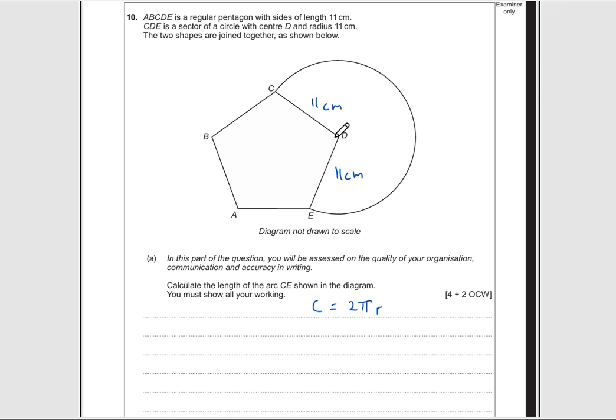If we then need to work out a fraction of it, we could do with really working out what this angle is. So the arc is going to be, if we call this angle theta, it's going to be theta divided by 360, so the fraction of the circle, times 2 pi r.